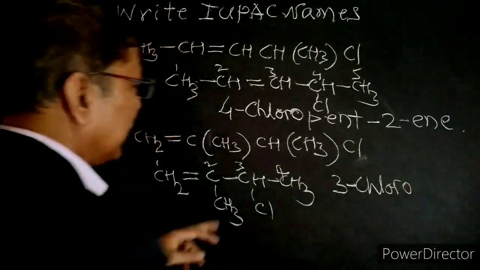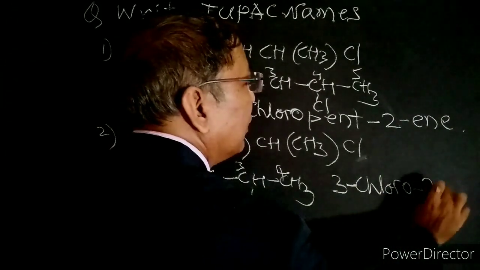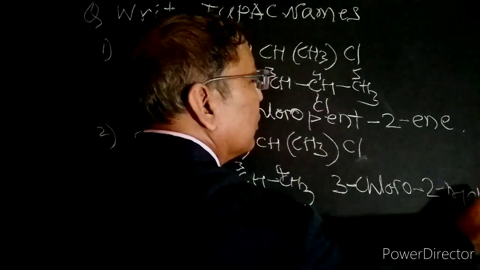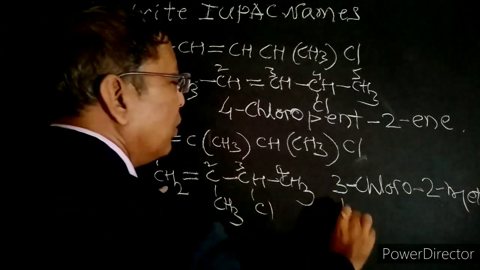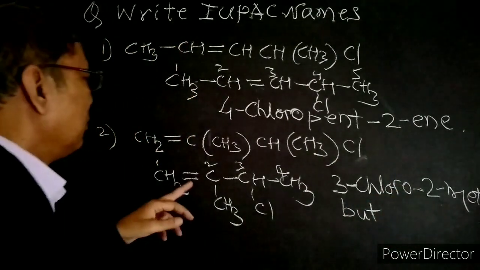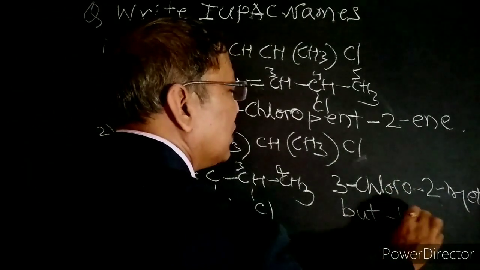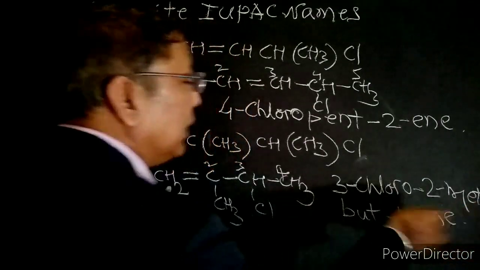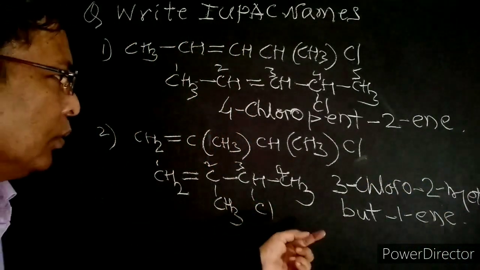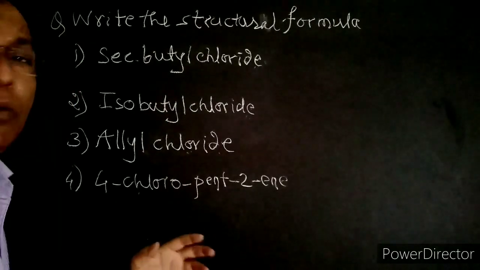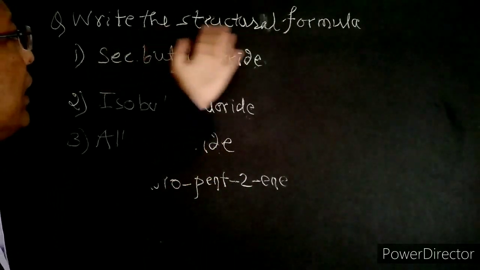The second substituent is 2-methyl. Total 4 carbons means but. The double bond starts from the first carbon, so it is 1-ene. The name of this compound is 3-chloro-2-methyl-but-1-ene.